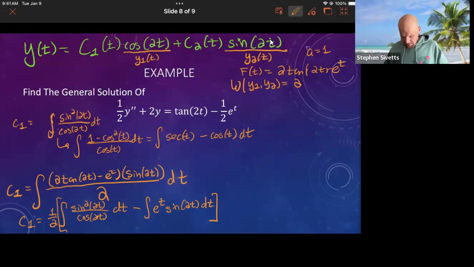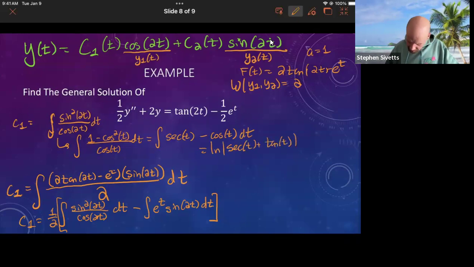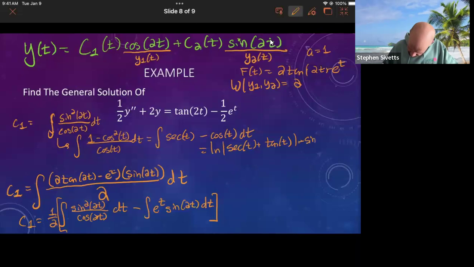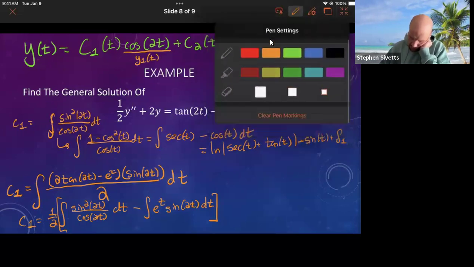And I believe the integral of secant of t is equal to the natural log of secant t plus tangent of t, and then minus sine t, plus delta 1.